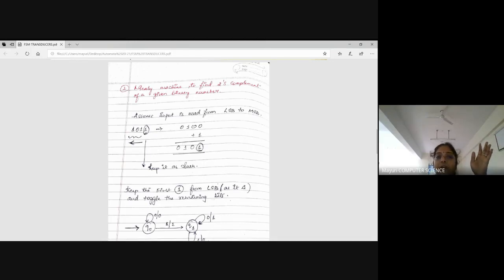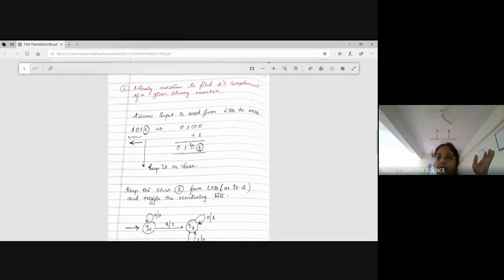Even with 0, if I convert that 0 to 1, 1 plus 1, again here I will get 0. So whatever input string I considered, after converting it into its respective two's complement, the LSB never changes. The remaining bits will change.